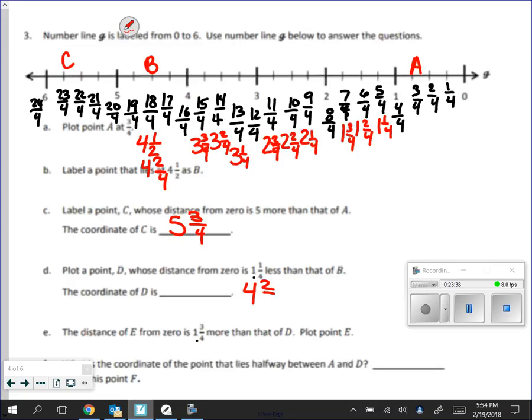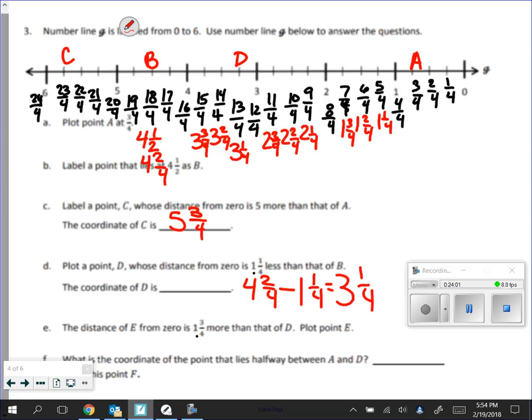So 4 2/4 minus 1 1/4. That would be 4 minus 1 is 3, 2 minus 1 is 1. So D should be 3 1/4. You should be checking your letters, and if they're wrong, you need to fix it.